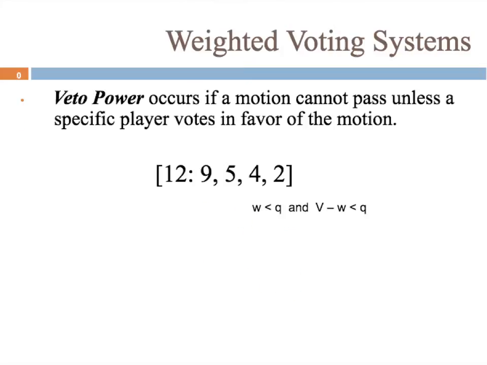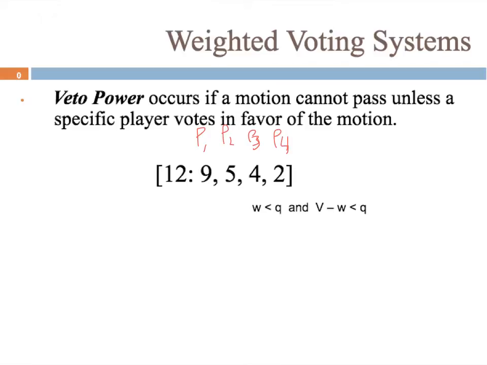Alright, veto power. This occurs if a motion cannot pass unless a specific player votes in favor of the motion. And this is not to be confused with a dictator. So for example, in this problem we have 12 as our quota, and player 1, player 2, player 3, and player 4. Now player 1 does have the most power here with 9 votes, but they cannot pass the motion alone.